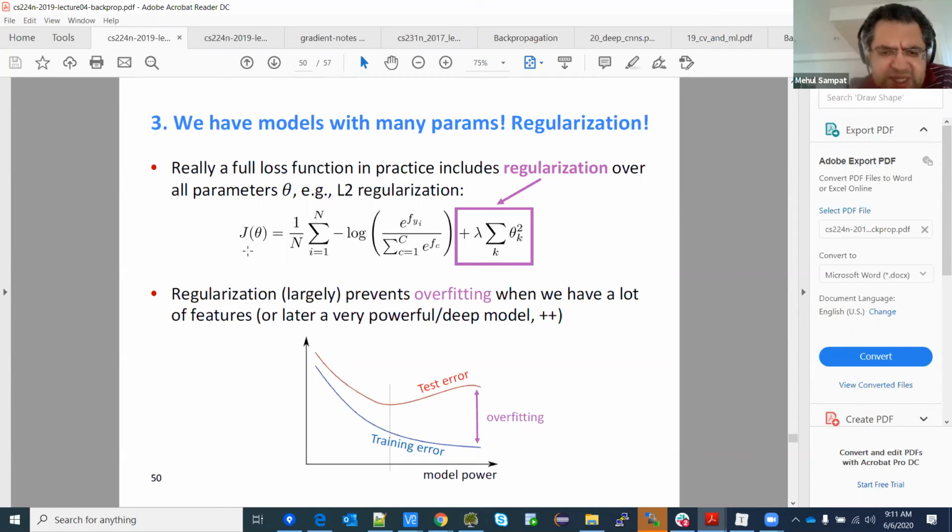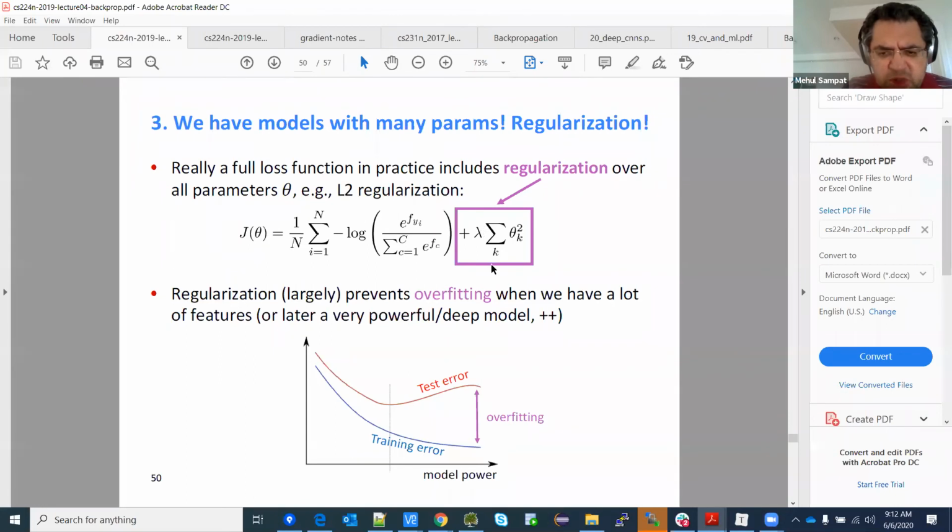In this case, he takes the square of each parameter. J is a function of theta, and say you have k parameters in a vector. You take the square of each of them, sum it, and add that to your loss function.